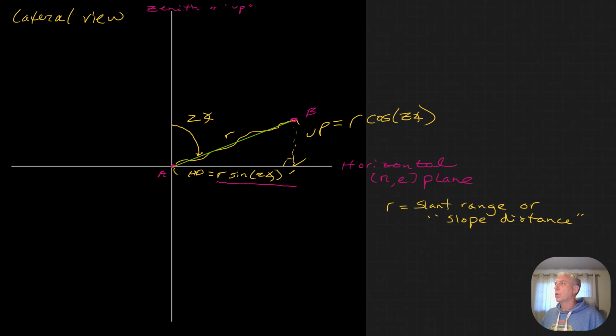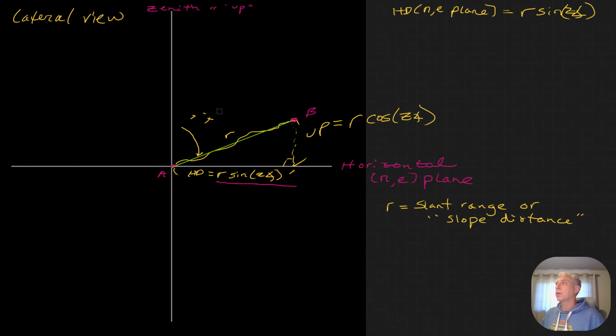And we want to remember that. So I'm going to write it up here. The horizontal distance, which is in the northing easting plane, equals R sine zenith angle. Okay, so let's erase that.